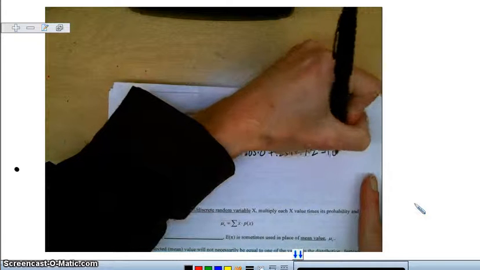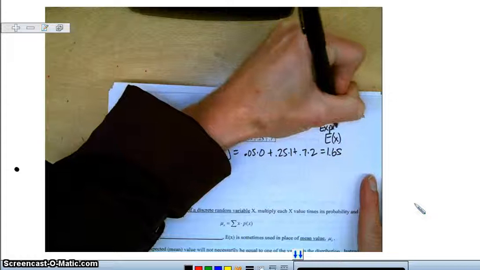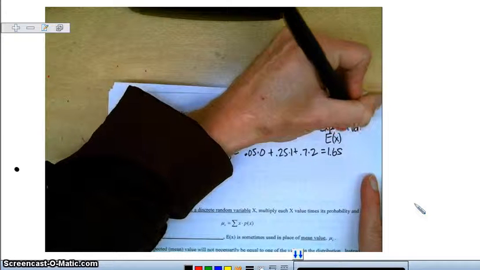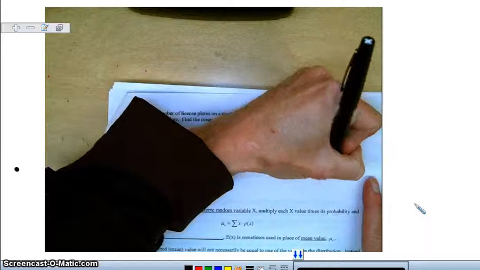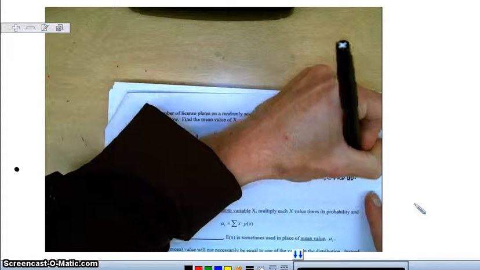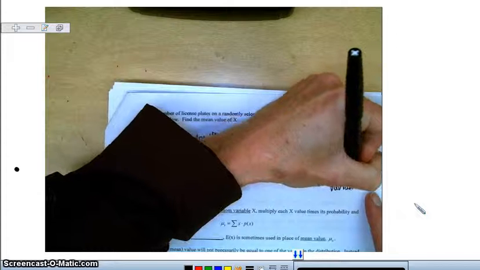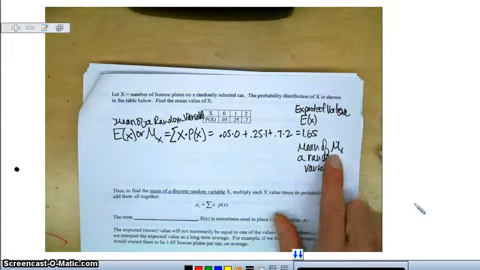So 1.65 would be the expected value. It's called the expected value, or the mean of a random variable, or mu of x.